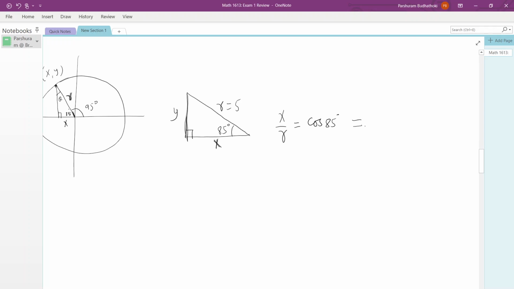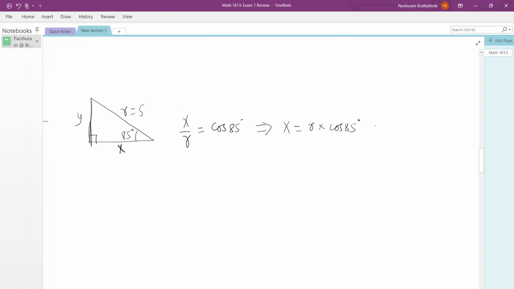So if I solve this, the value of x would be the radius times cosine of 85 degrees, and that is 5 times cosine of 85 degrees. I'm going to use a calculator here. Remember, this is in degrees, so cosine 85 in degrees times 5.